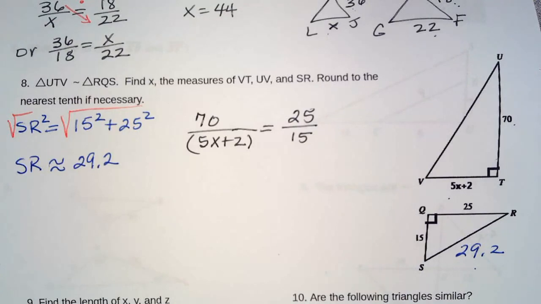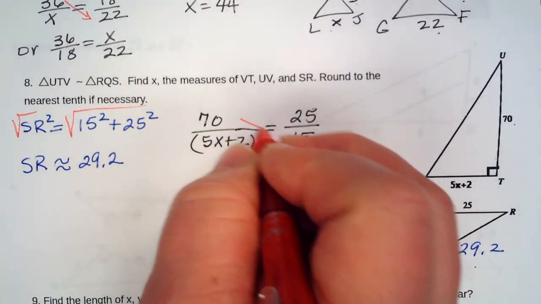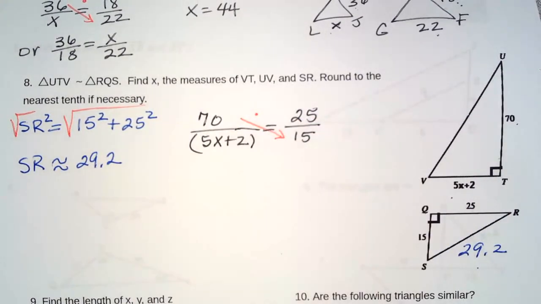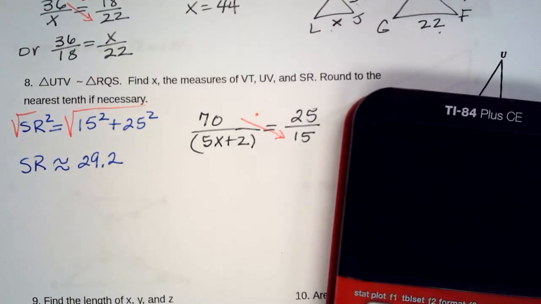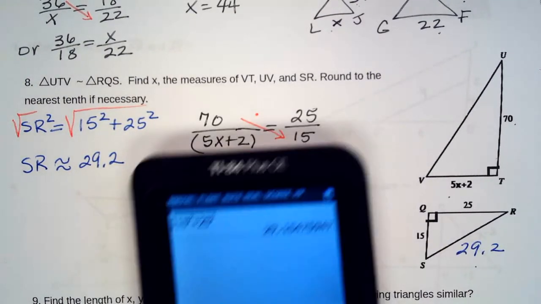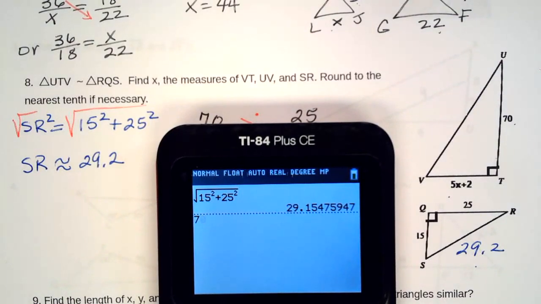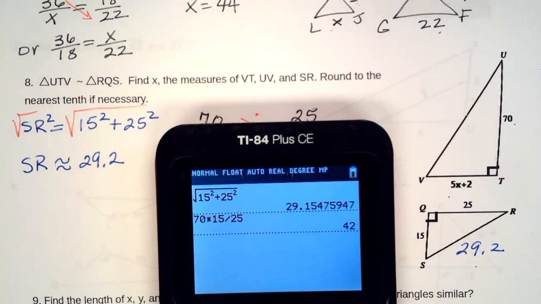So I'm going to do all the multiplication at one time. I'm going to take 70 times 15 divided by 25. And I end up with 42.